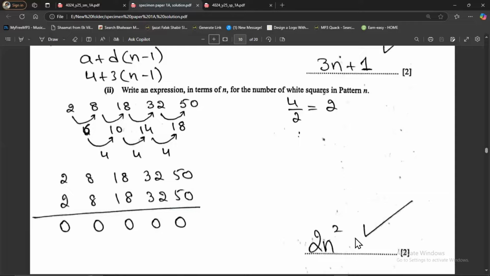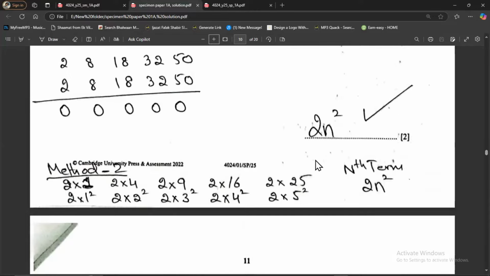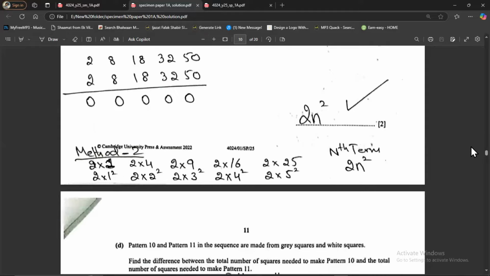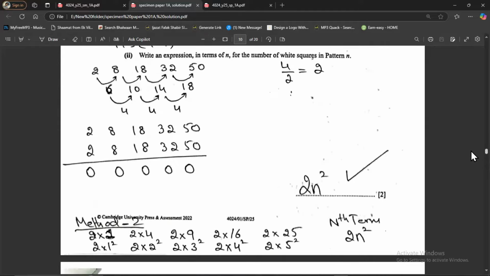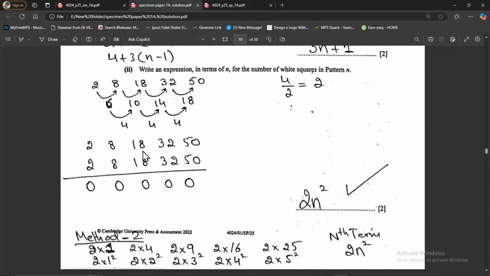This is one method, and there is another method in which you can find the nth term. Let me reduce the size so you can see the whole thing together. This is method number 2. Here you have 2, which is 2 into 1. Here you have 8, which is 2 into 4. Here you have 18, which is 2 into 9.